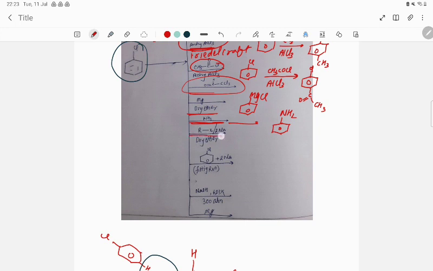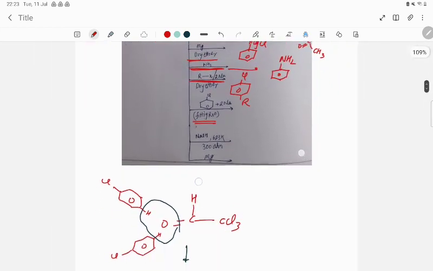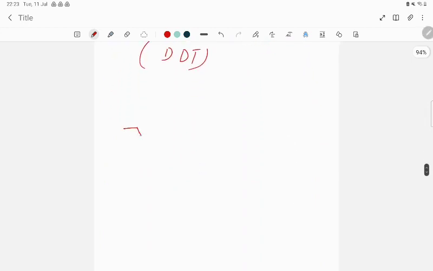Now if you are treating RX, student, with sodium, this is the Fittig reaction, student. So it will give the R group. Here is the Cl, na? So R is going to attach on this position. Now in case of Fittig reaction, you need to take 2 molecules, student, right?